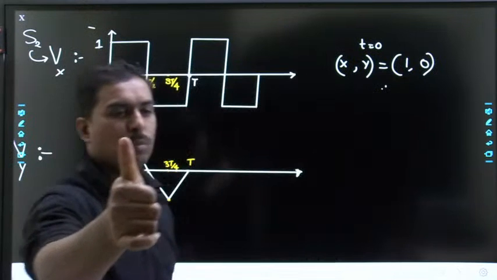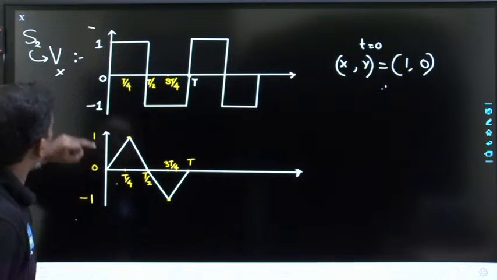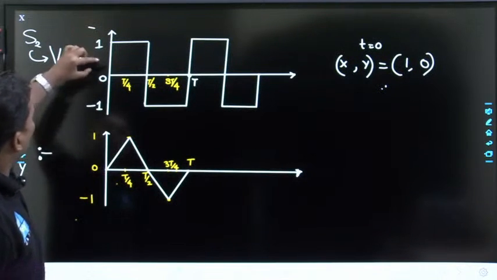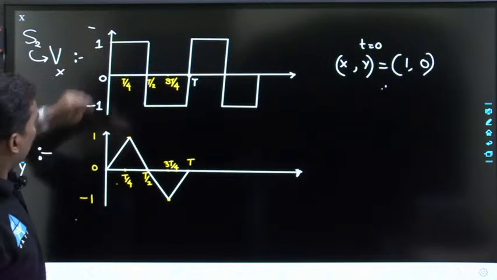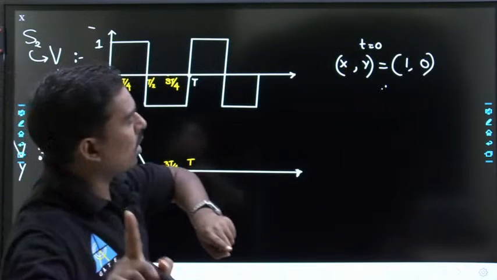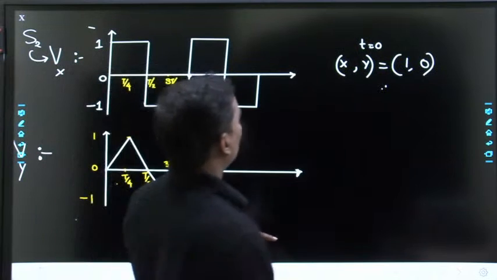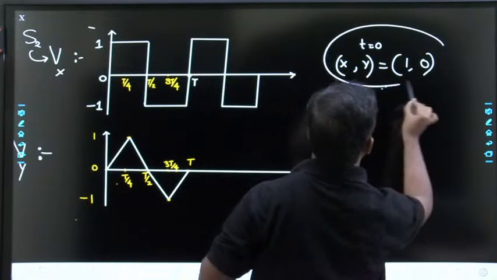Followed or not? Please show me the thumbs. So this is for t is equal to 0.